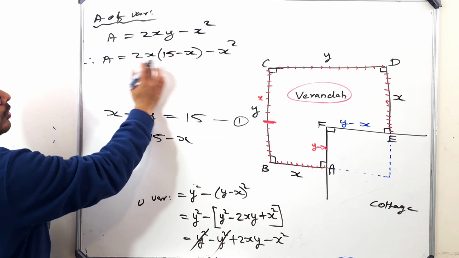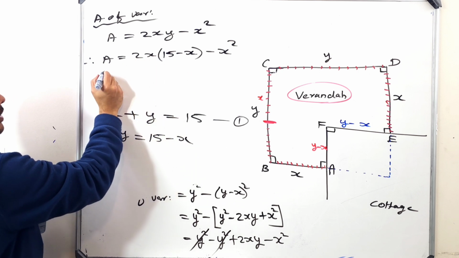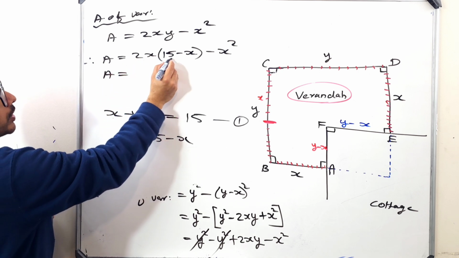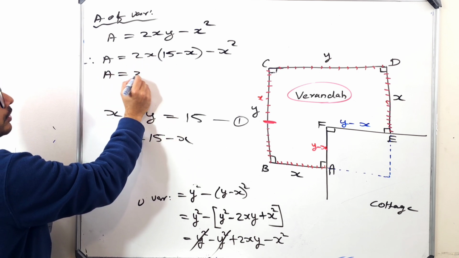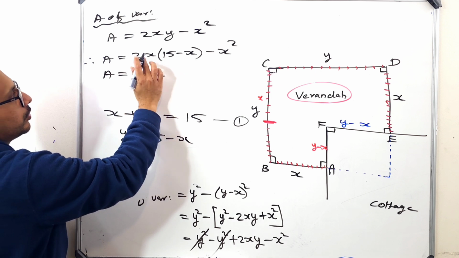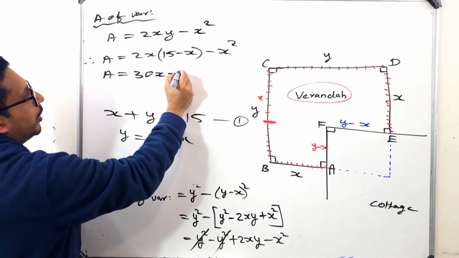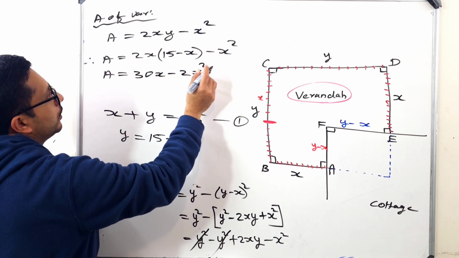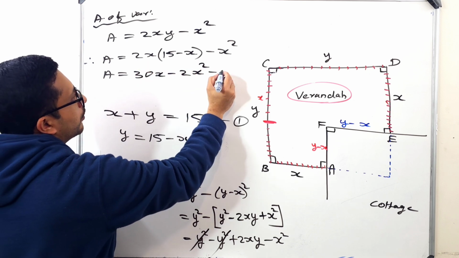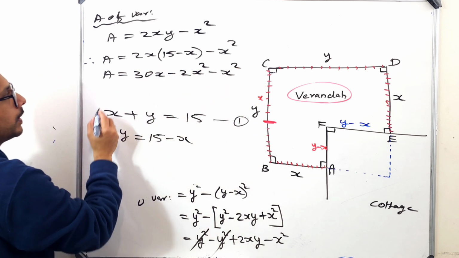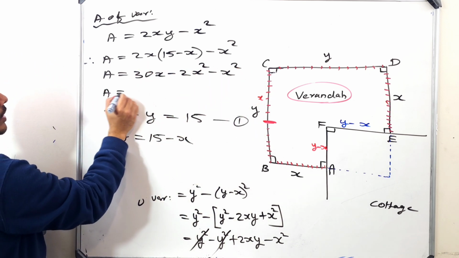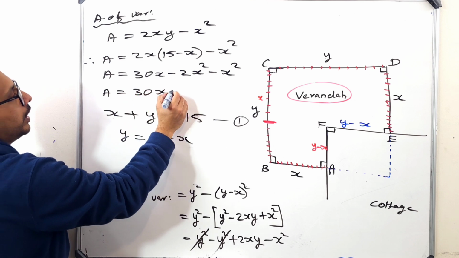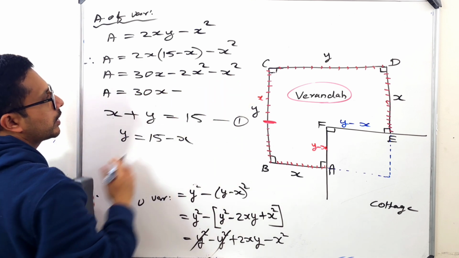Okay, so expand the bracket. So area A is equal to 2x into 15 is 30x, 2x into minus x is minus 2x square, then another minus x square. So area A is equal to 30x minus 2x square minus x square.